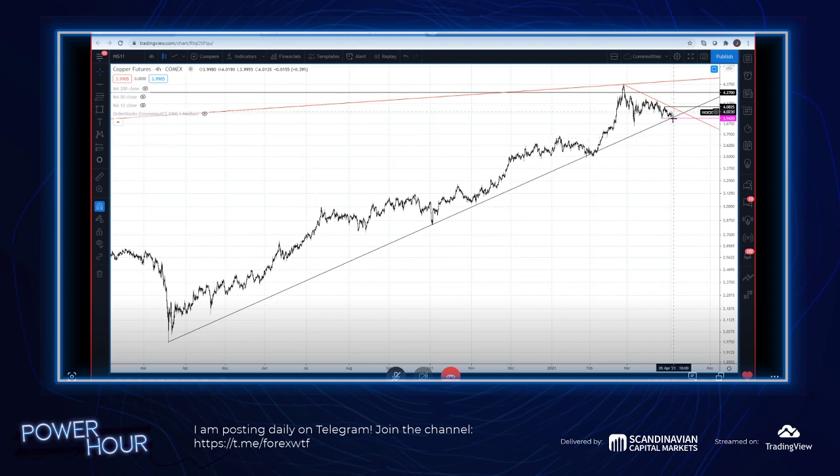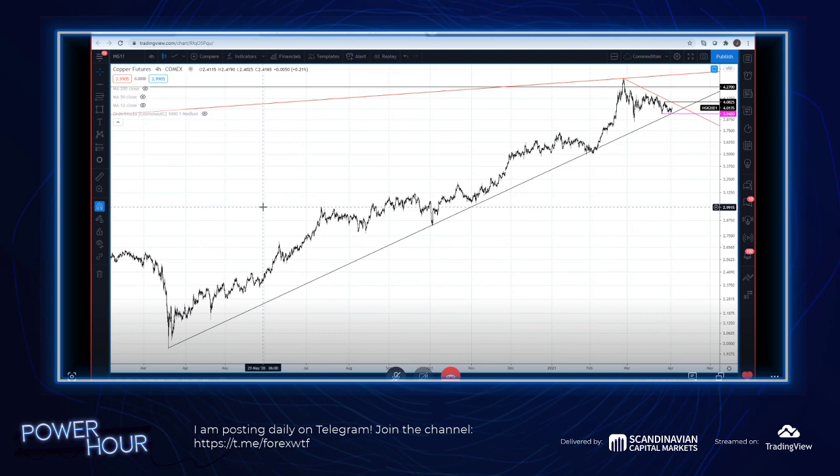So keep an eye on copper, because if this breaks to the downside, which eventually I do think will happen, simply because we have come from this massive long-term resistance line, former support line, then you're going to get a waterfall, and you might get a massive drop in things like Aussie yen, and probably the renminbi.